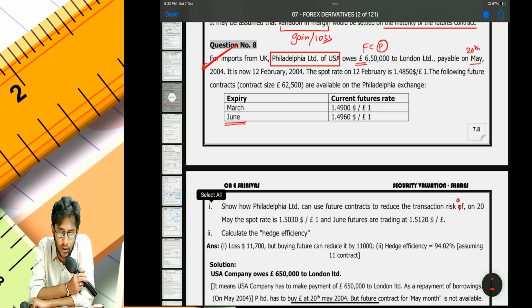Draw diagrams. You are a USA company, you have a payable in pounds, you have to buy pounds by selling dollars. What is the risk? What are the two routes? Who is the underlying asset in the question?